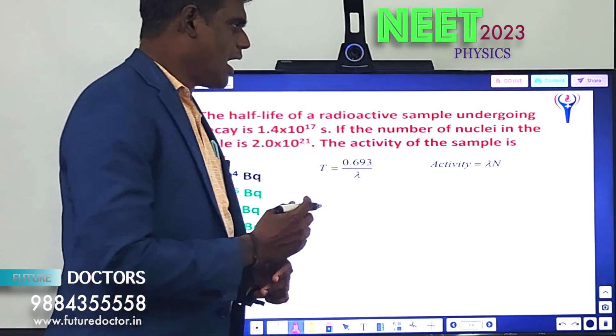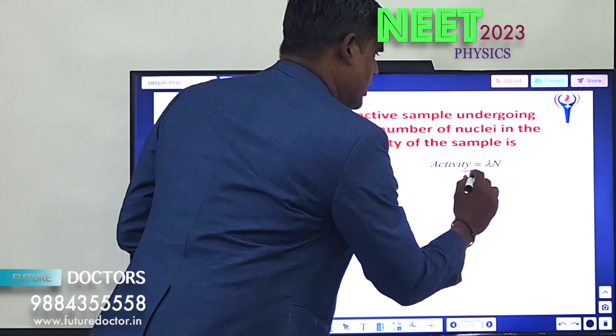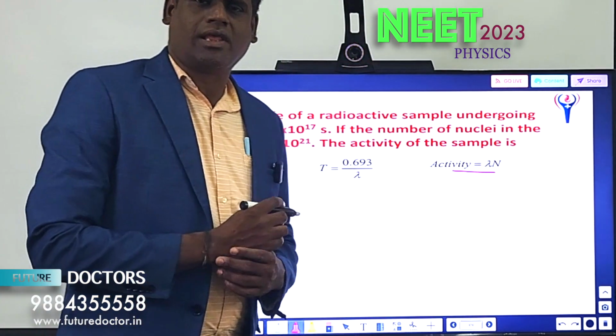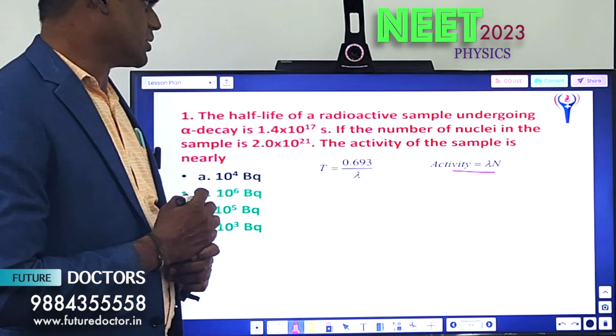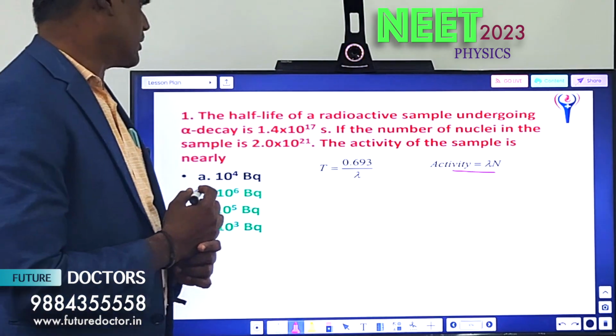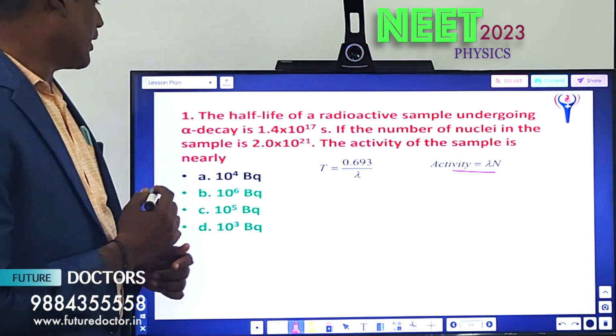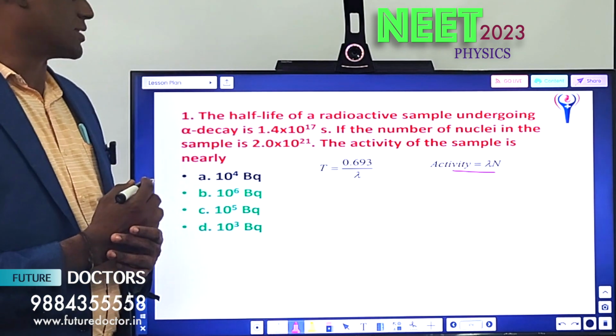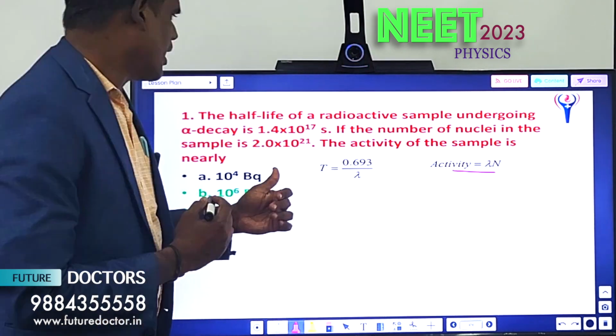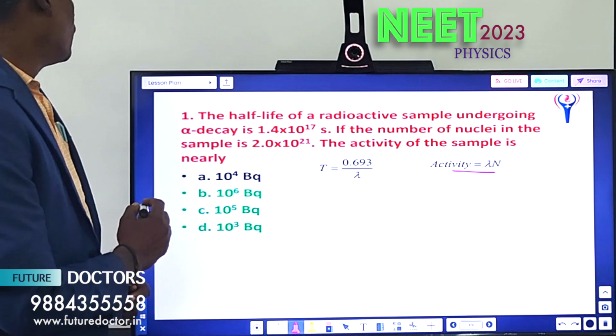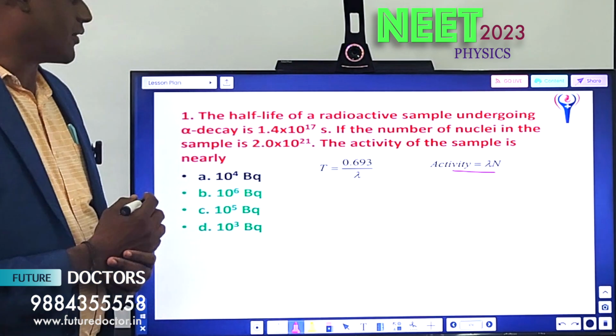Formula used here is activity equal to lambda into N. Here lambda is the decay constant or disintegration constant and N is the number of nuclei in the sample, and T equal to 0.693 by lambda, and your T value is given 1.4 into 10 power 17 second.